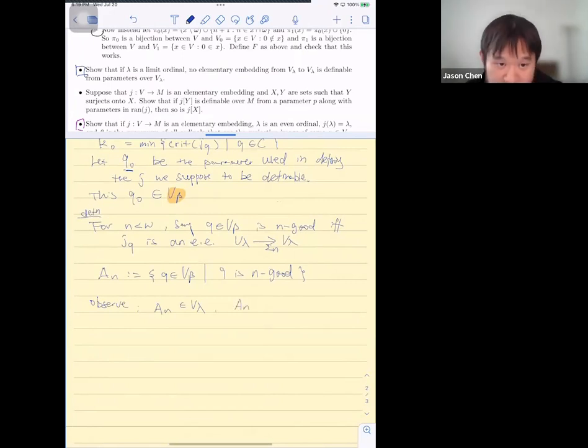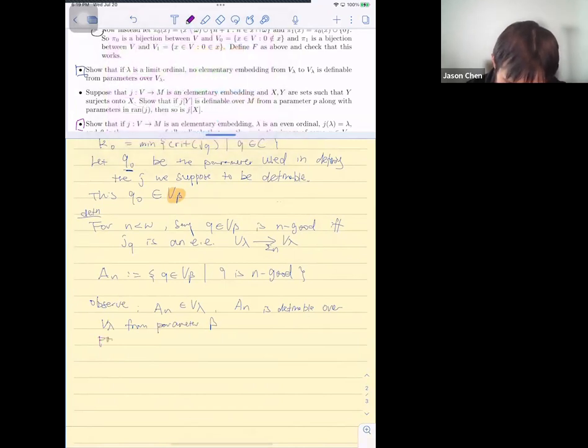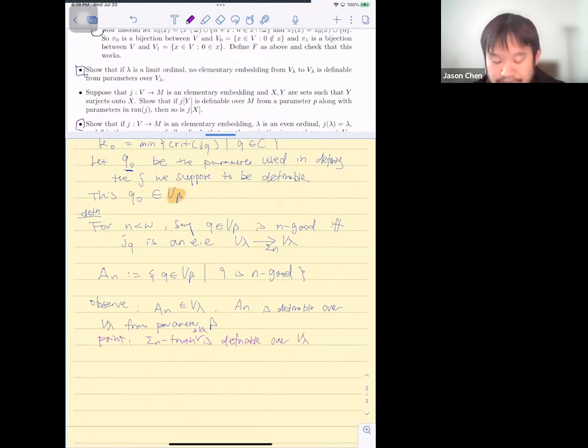And also each A n is definable over V lambda from parameter beta. The point here is that sigma n truth in V lambda is definable over V lambda. Tarski's theorem only rules out full truth, but partial truth, no problem. You could define that.